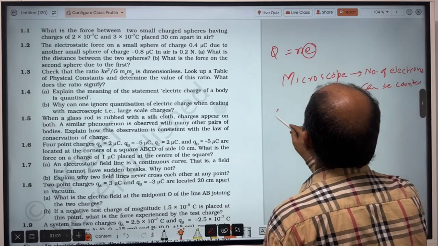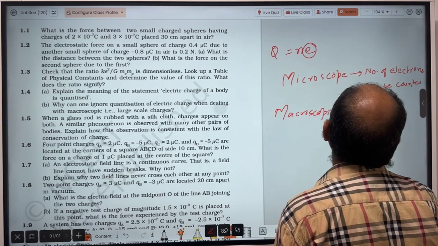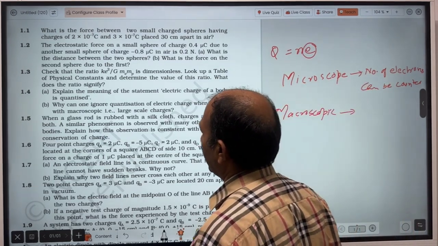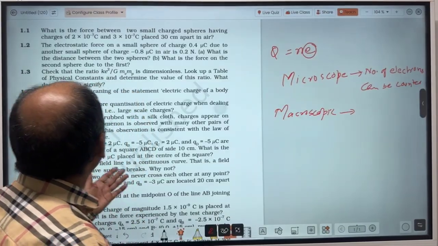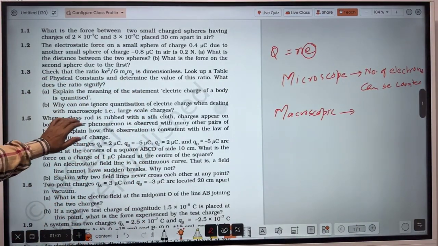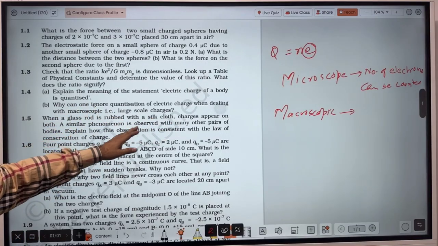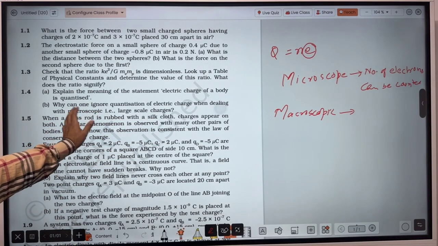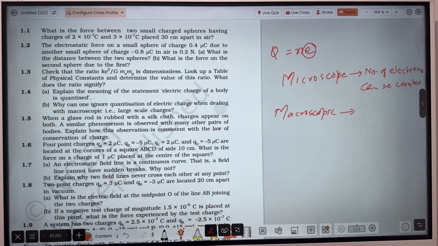On the other hand, if it is macroscopic, then the number of electrons will be very large. They will become almost uncountable. So that is the reason. When we deal with the macroscopic level, the number of electrons is very large, so we can't use this quantization concept.